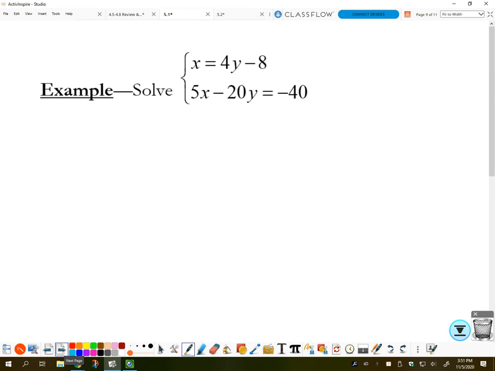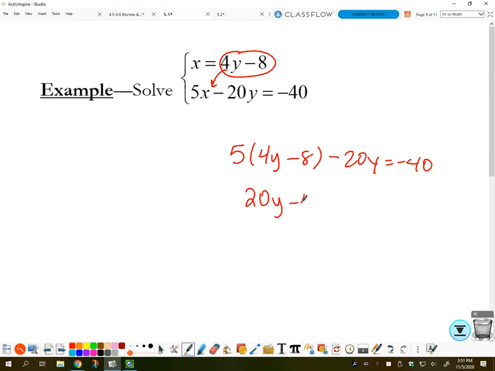Alright, so next. This one's set up nicely for substitution, so I'm just going to do that. If I take this, I can plug it in here. So I have 5 times 4y minus 8 minus 20y equals negative 40. So 20y minus 40 minus 20y equals negative 40. You see that these guys cancel, and you have negative 40 equals negative 40.